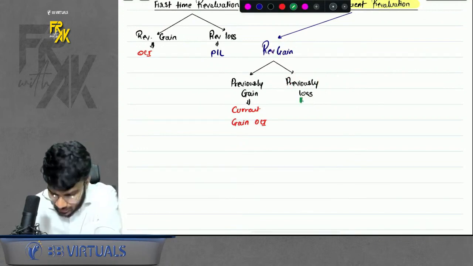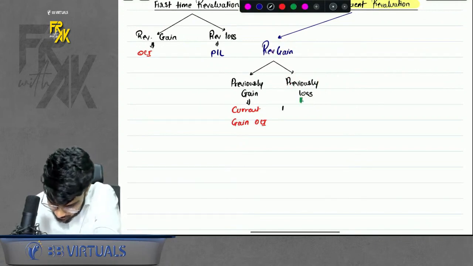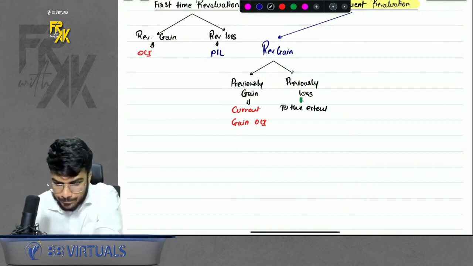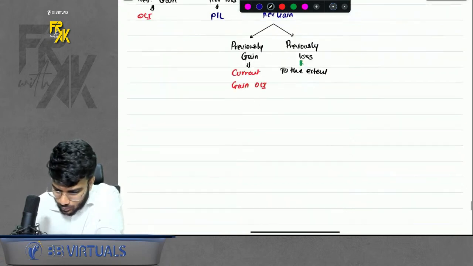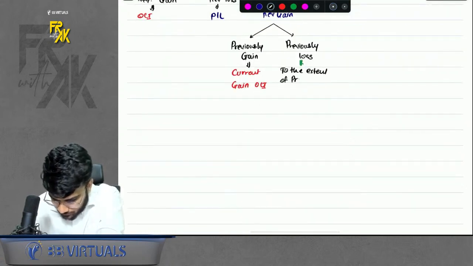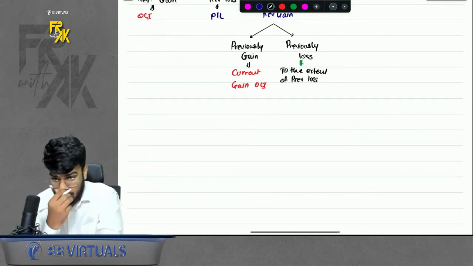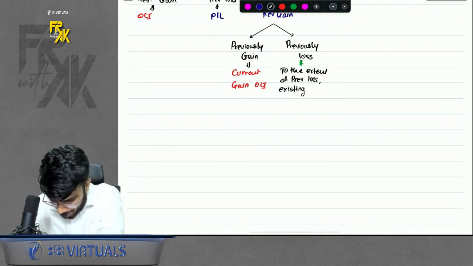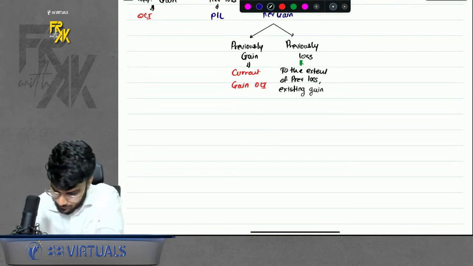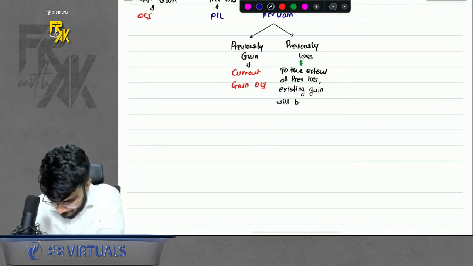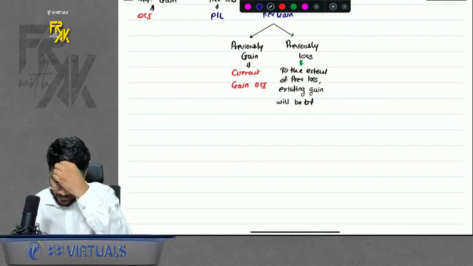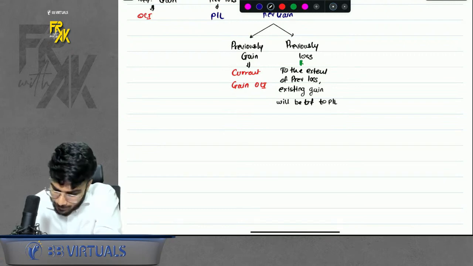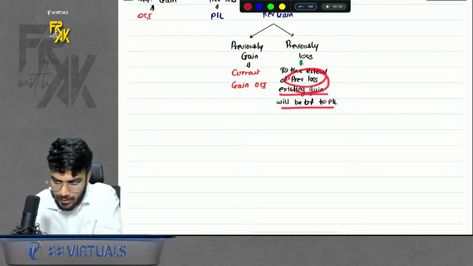That is why they are saying that if you get a gain now but previously you had a loss, just write down what I'm writing so that it becomes easier to retain. To the extent of previous loss, existing gain will be transferred to P&L.